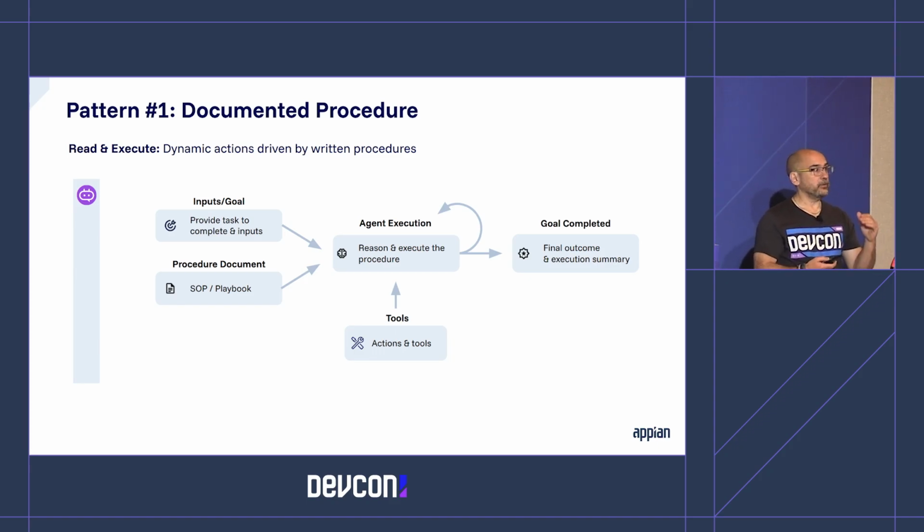But the agent is going to leverage its intelligence to really know what to do without us having to define a static workflow with all the possible steps. So whenever we see in our processes some documents with instructions, we could start thinking, okay, is this a good use case for an agent? Could we use an agent to perform this task? That's usually a good place to start.